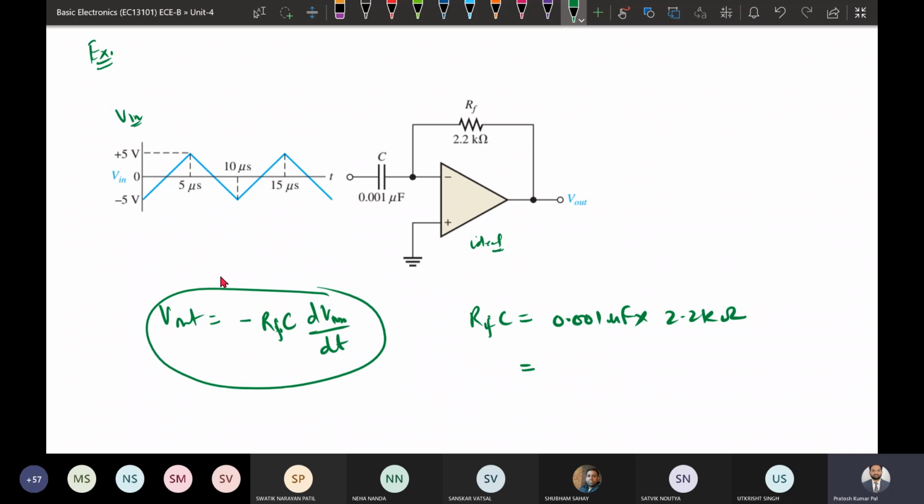That is 2.2, nano and K, so again it is micro. This multiplication RC is called the time constant, so its unit will be seconds. So RFC will be 2.2 microsecond.